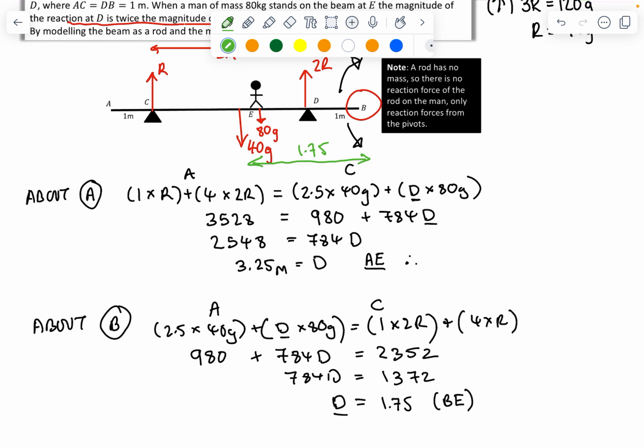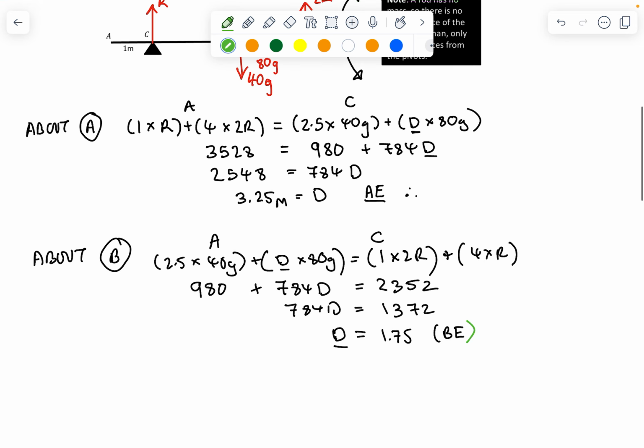So the distance that we actually wanted was A to E, so that's 3.25. Right, okay, so that means that A to E is 3.25, and that's the same as we got about A.